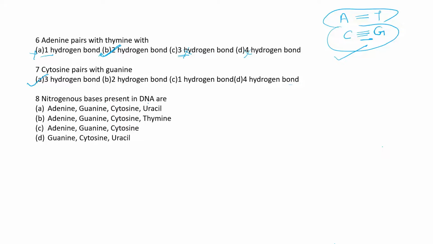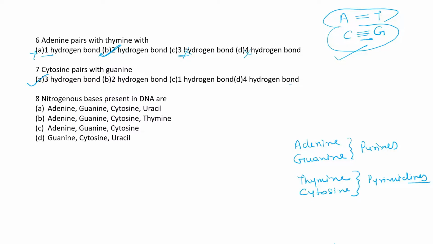Nitrogenous bases present in DNA are, and we know that adenine and guanine are purines, and the purines adenine and guanine are common to RNA and DNA, and pyrimidines like thymine and cytosine.